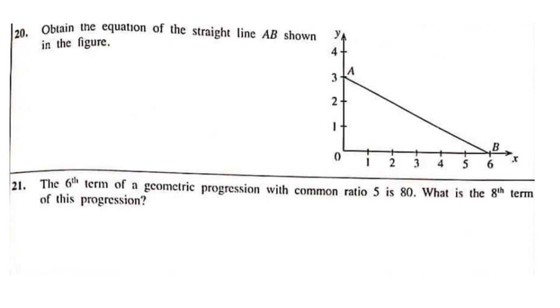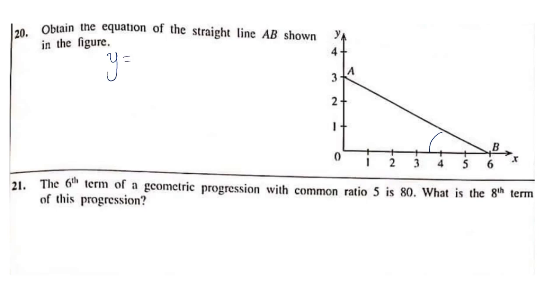And obtain the equation of the straight line AB shown in the figure. AB, so you can see this is minus gradient, right? So if it is like this, you get plus gradient, and here you get minus gradient, right? And therefore you can see this equation something like this.